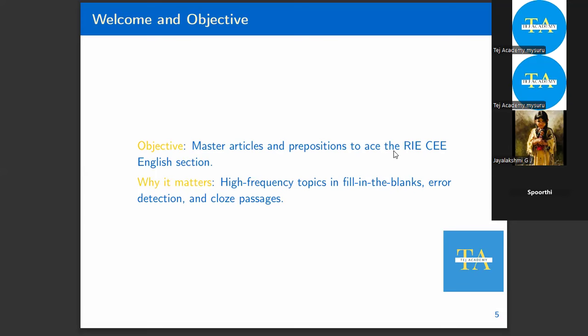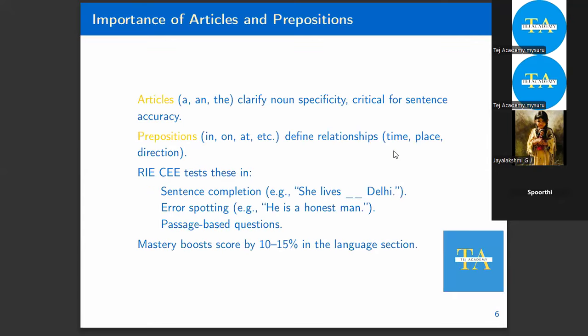We use the in front of specific words, like this is the temple that I saw yesterday, where the subject is specific. Articles a, an and the clarify specific and non-specific nouns, which is critical for sentence accuracy.